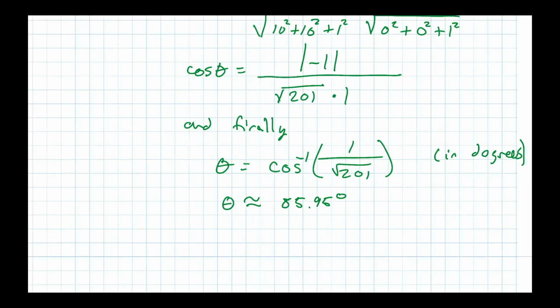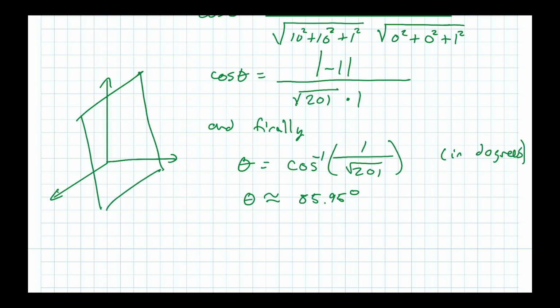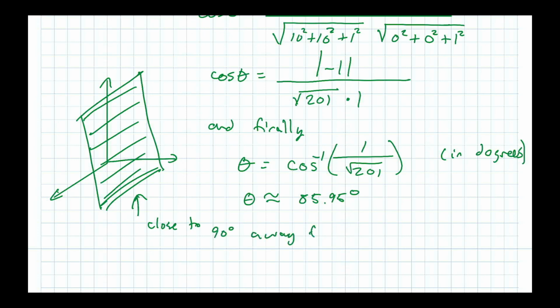And so what that tells you is that, I'm not going to plot this in the correct place or anything, but it's almost 90 degrees, right? So it's really tilted. It's very close to vertical, close to 90 degrees away from horizontal.